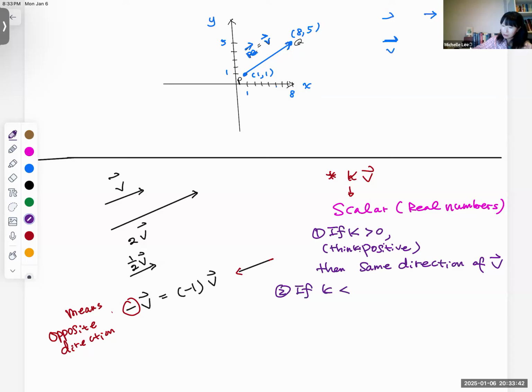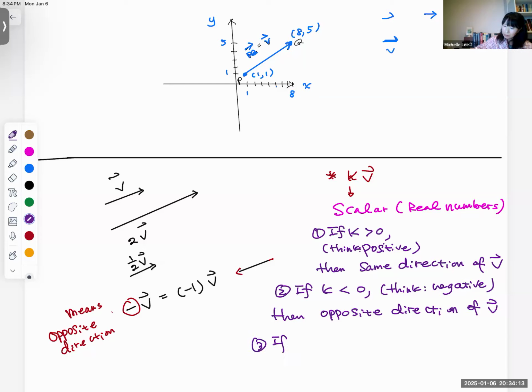If k is less than 0, then think negative, right? Then what's the direction? It's the opposite direction of vector v, right?